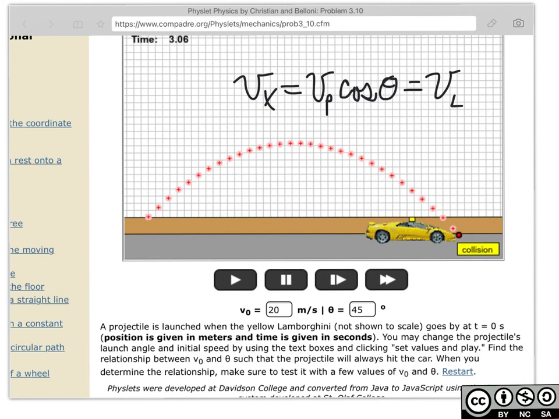And so the angle you want is just going to be the inverse cosine of V Lamborghini over V projectile. And that should work to get the angle for any velocity of the projectile. The Lamborghini, of course, is fixed.